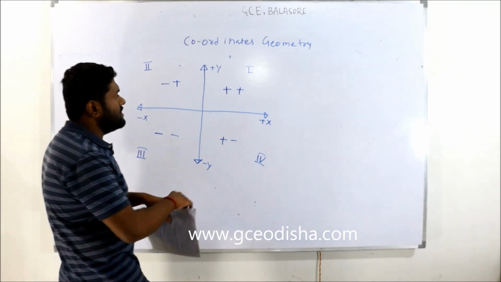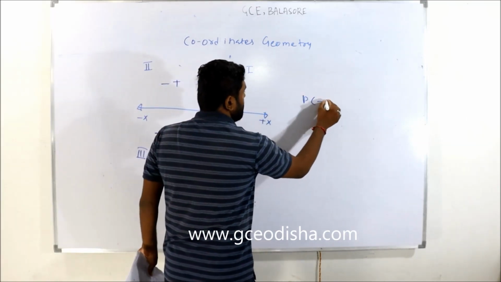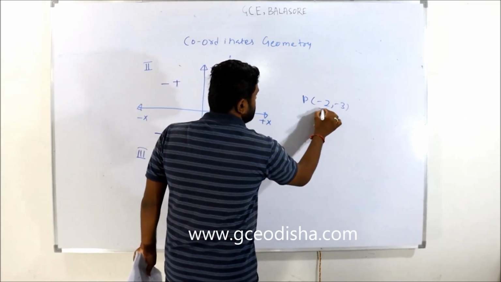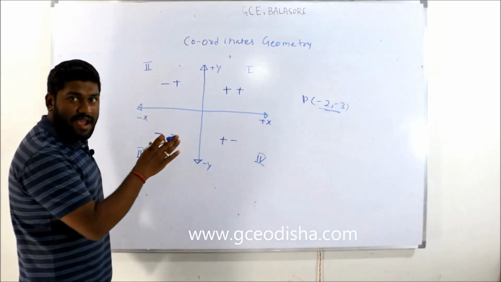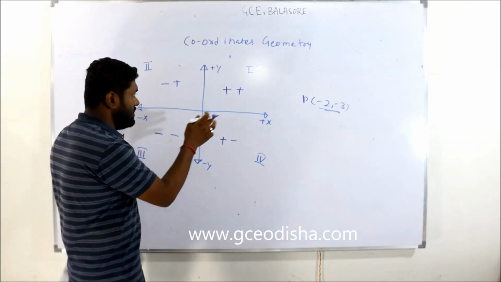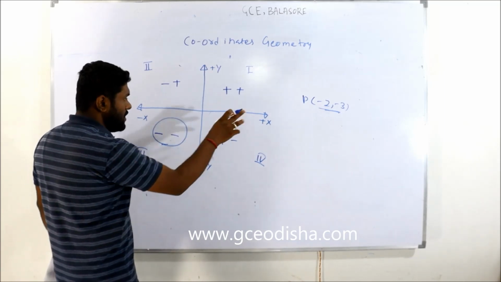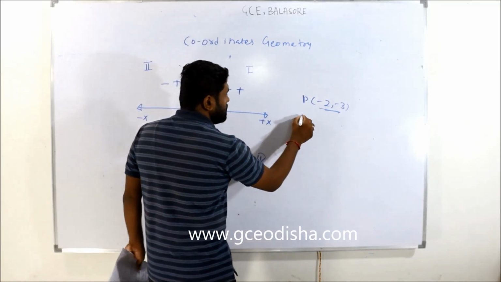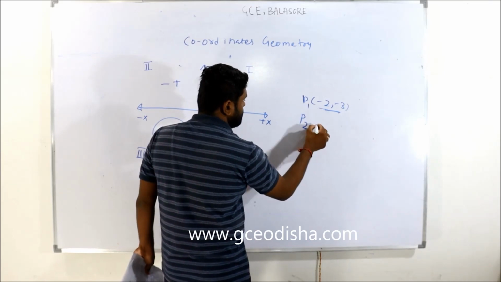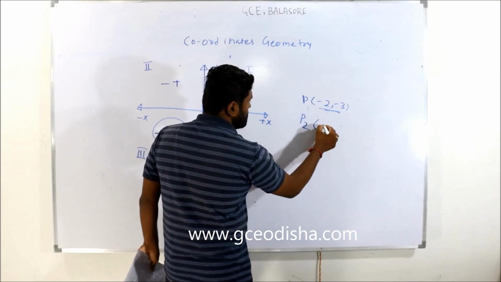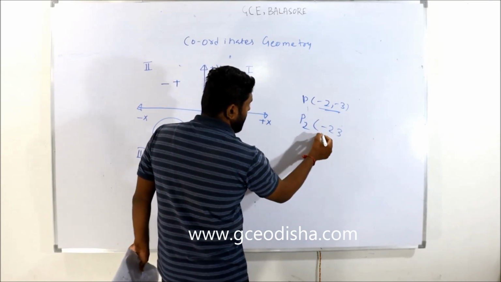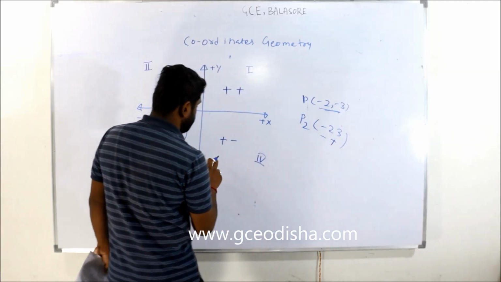Let's take the point P (-2, -3). Both are negative. Now x is negative and y is also negative. So this point P lies in this quadrant, because both are negative. Now let's take a point P2, which is (-2, 3). x is negative but y is positive, right?